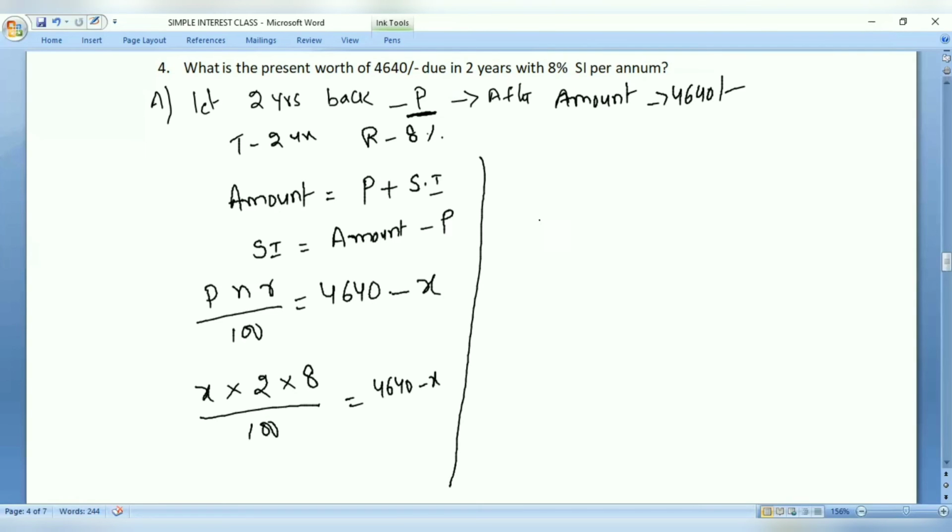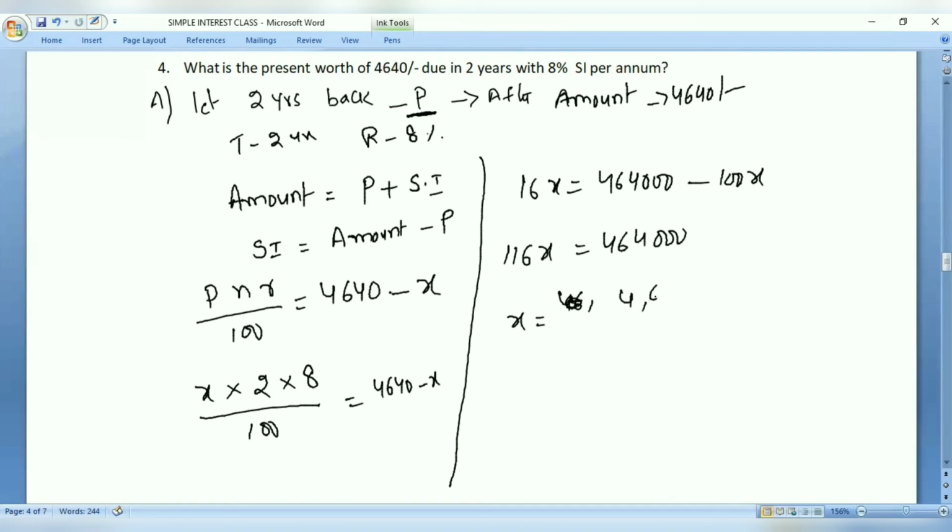Now, if we solve this, 16x is equal to 4640 into 100. That becomes 464000 minus 100x. So if you take 100x this side, it becomes 116x equals 464000. Then what is the value of x? It becomes 4,64,000 divided by 116.